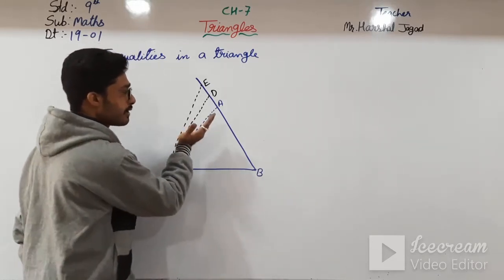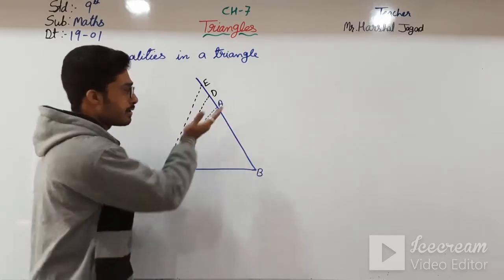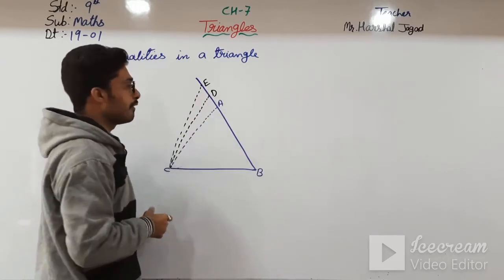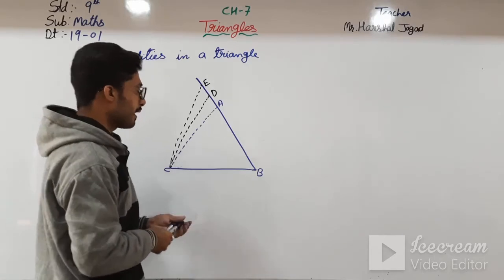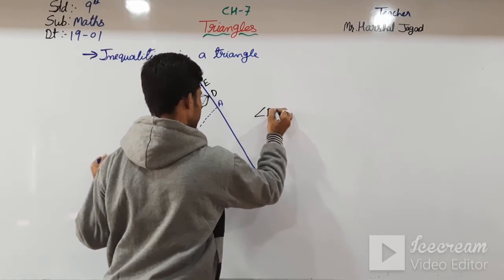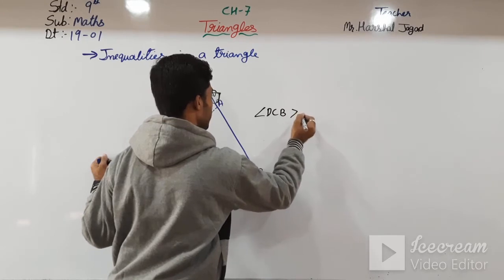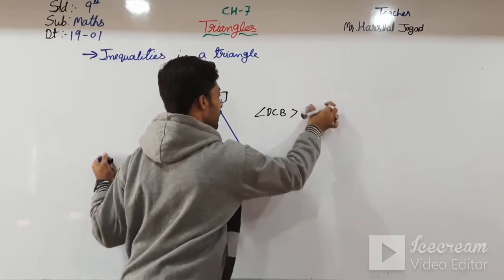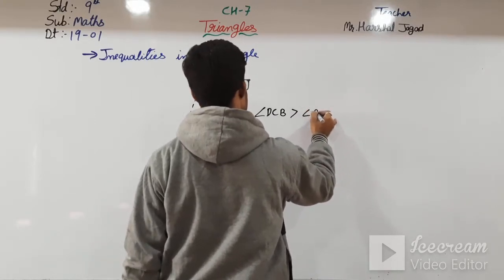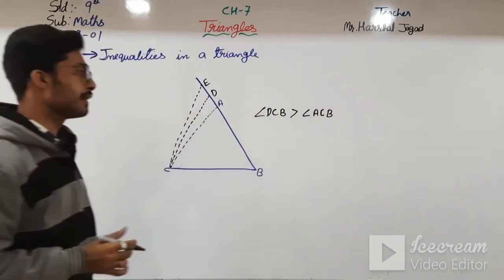If you take triangle ABC of some length, and then take some length from over here A and draw a straight line from that, then we can obviously say that angle DCB is greater than angle ACB.